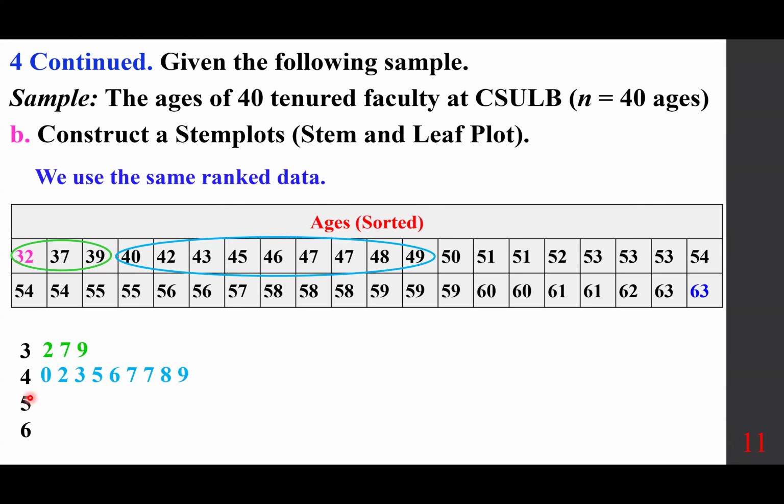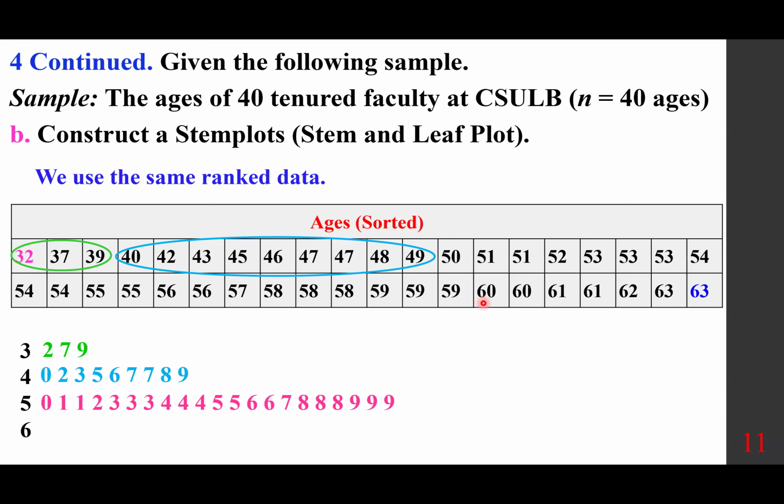Now for the 5s, we're going to put 0, 1, 1, 2, 3, 3, 3, 4, 4, 4, 5, 5, 6, 6, 7, 8, 8, 8, 9, 9, 9. So many of them. And again, just for the sake of argument, the last one is 9, and you have three of those. You can't put just one. That's not acceptable.